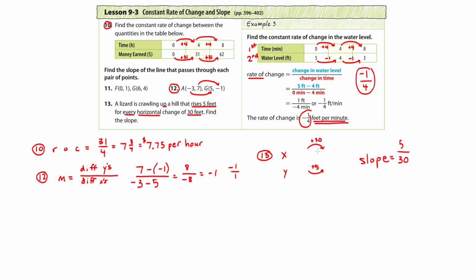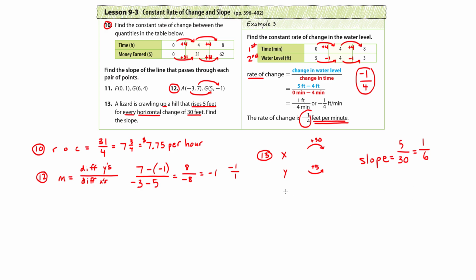Very probably tempting to take 30 divided by 5 because that works out nicer, but 5 over 30 is how I have to set it up, because the 5 is the vertical change and the 30 is the horizontal. It's the rise over the run, another way of thinking of slope. The only work we have to do now is reduce this fraction. Both of them are divisible by 5, so it'd be 1/6. And so 1/6 is my slope there. That would be the slope of the line.